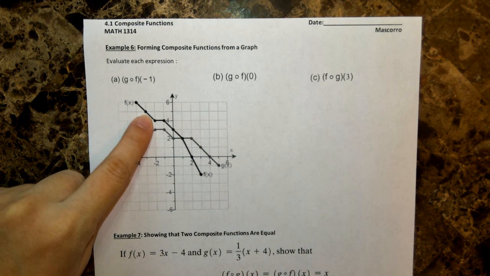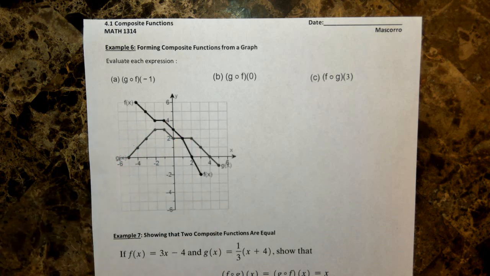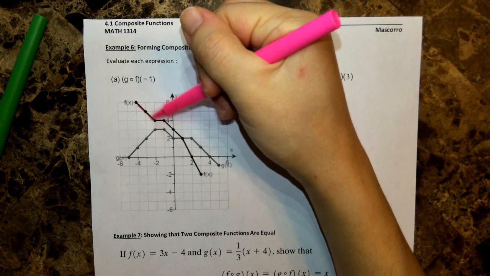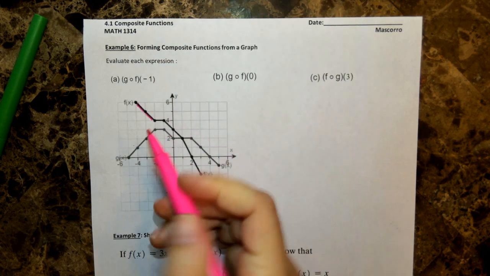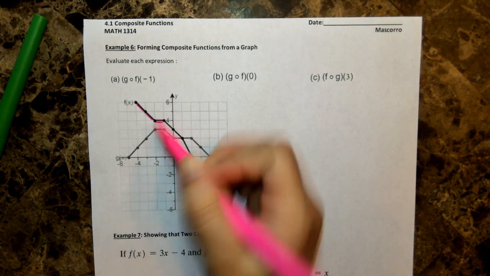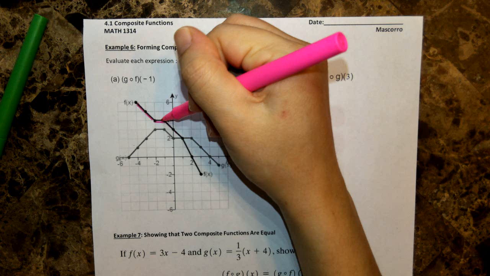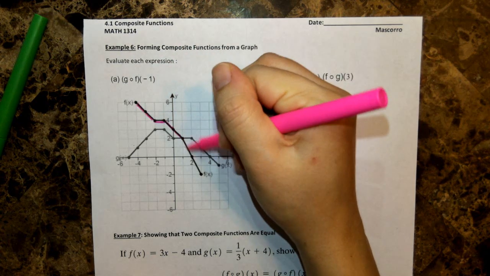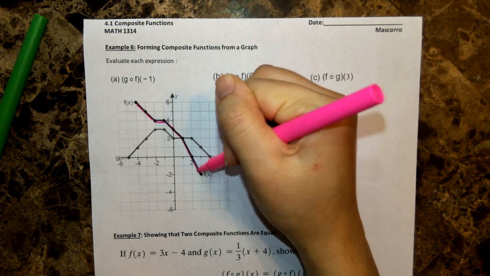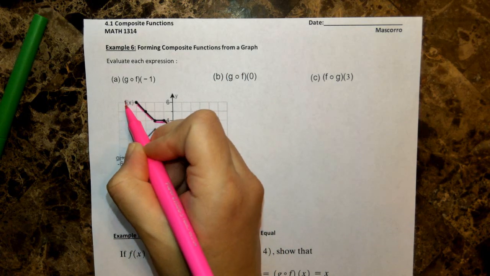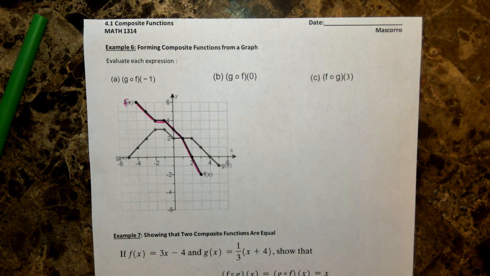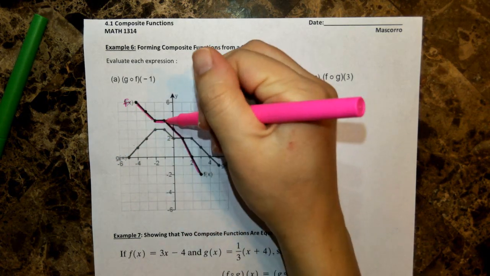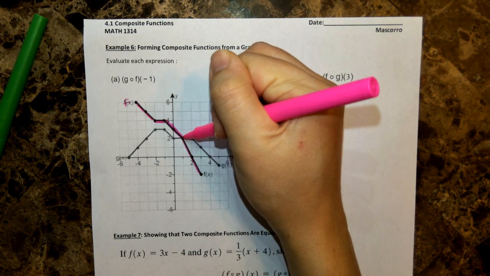This top darker one is our f function. I don't know if you can see it. I'll go ahead and highlight it with pink for the f function, so you can see it a little bit more clearly. And that's our f function. Okay. I don't know if you can really see that on the document camera, but hopefully you get the point.